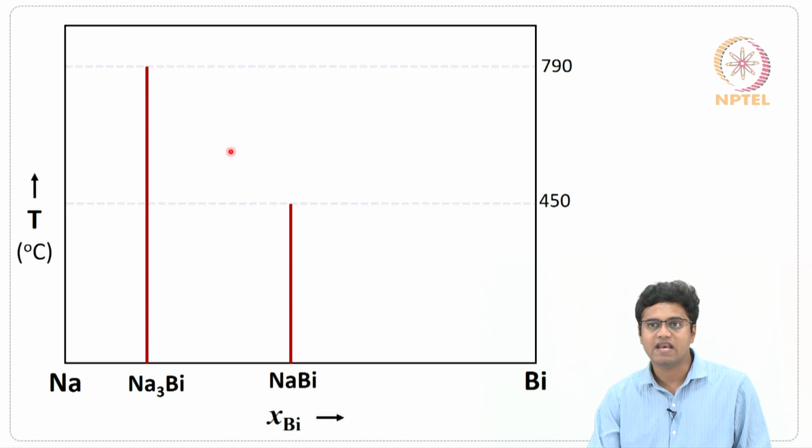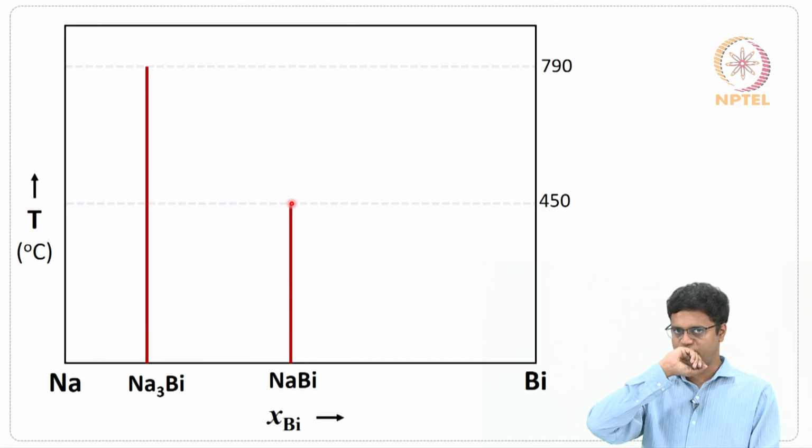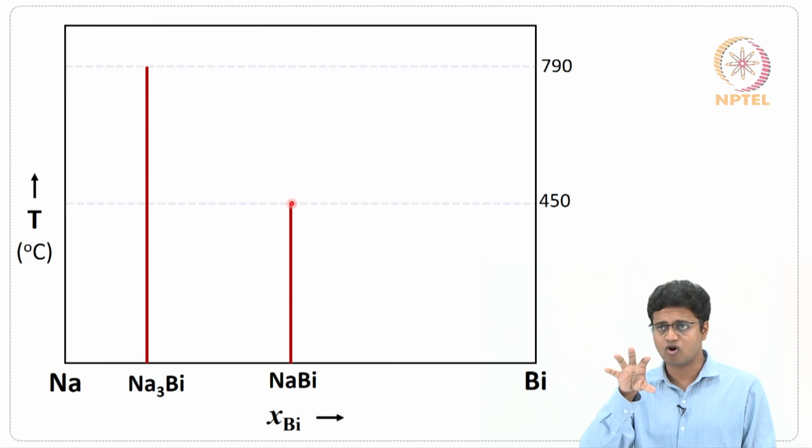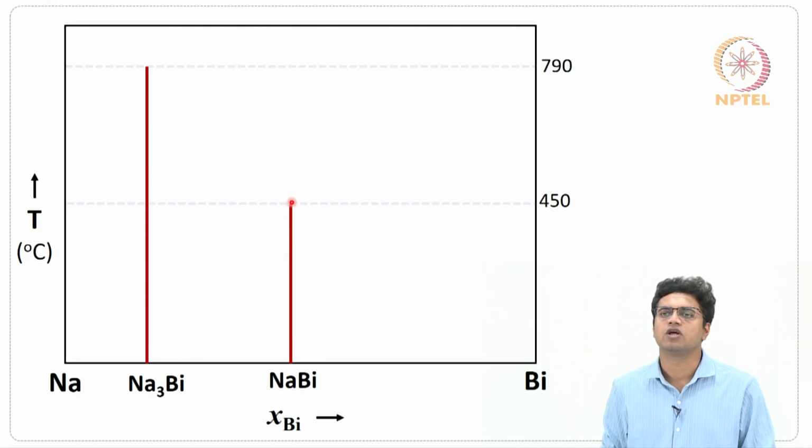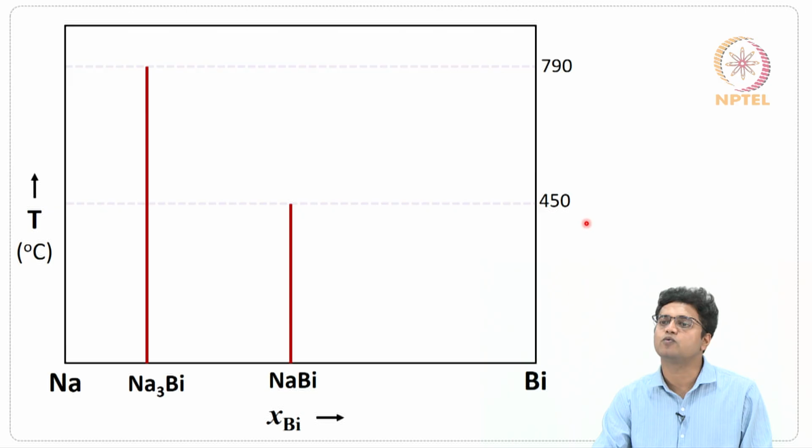Now, NaBi, which decomposes at 450 into liquid and Na3Bi, has a stability region up to 450 degrees Celsius or any temperature below 450. Since this is not drawn exactly to scale, I am just showing a hypothetical, qualitative diagram. So you may feel, how come 790 is so near?